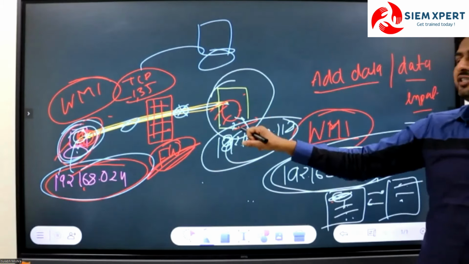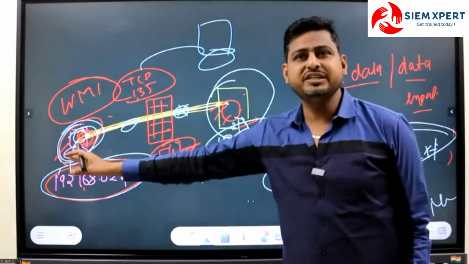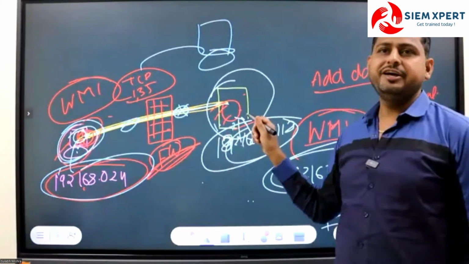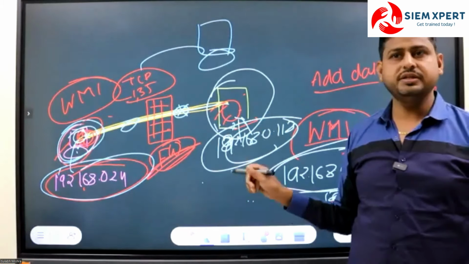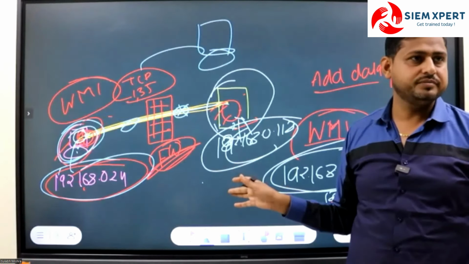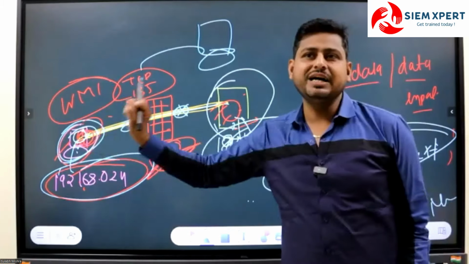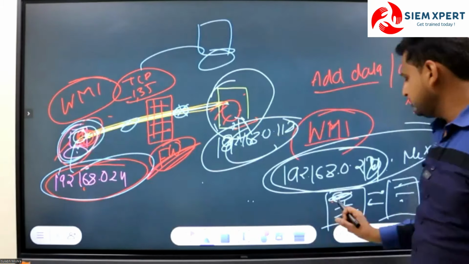Local logs can be of multiple different types, but remotely with WMI, only system, security and application logs can be collected. On the system where Splunk is installed, it can collect performance logs, registry logs, and other types of logs also. Metrics, that is called metrics. So whatever systems I enter remotely, it collects system, security and application.